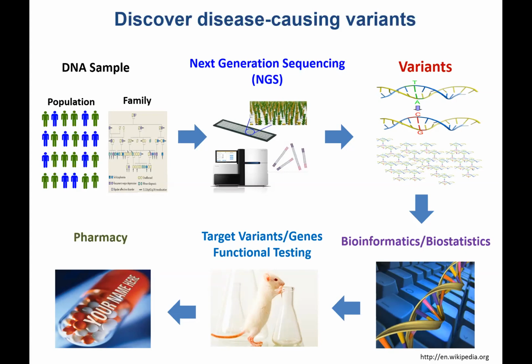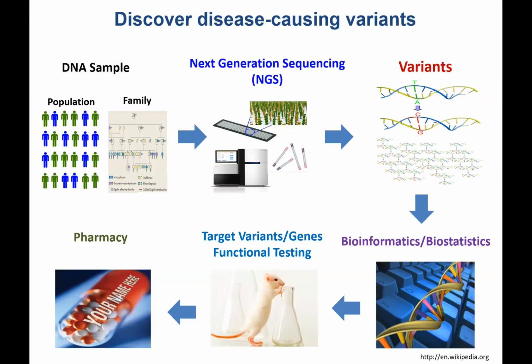But usually, for a genome, we will have hundreds or thousands or even millions of sequence variants. Which variant is the most important? Which variant could determine the disease? Then we need to apply biostatistics and bioinformatics approaches. We try to determine the most important target.